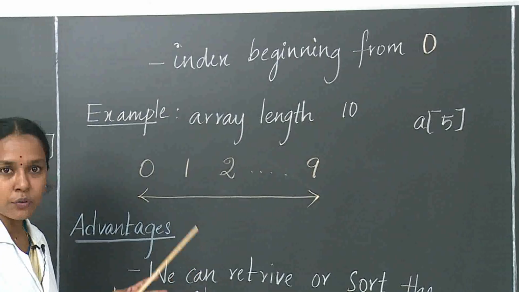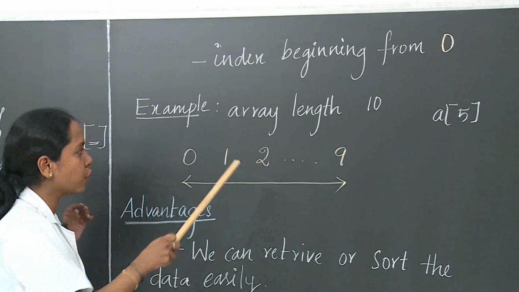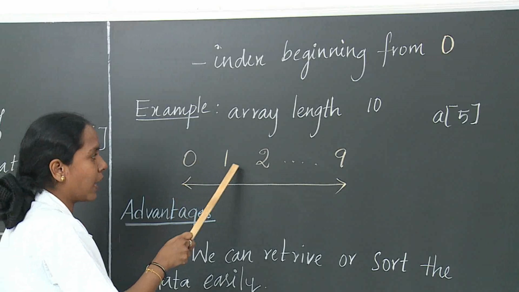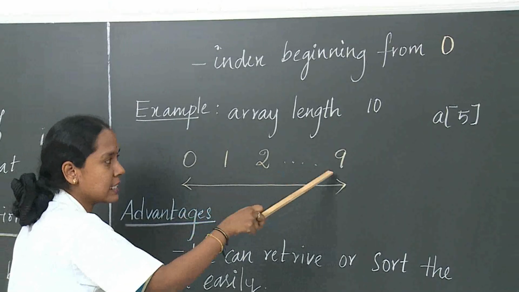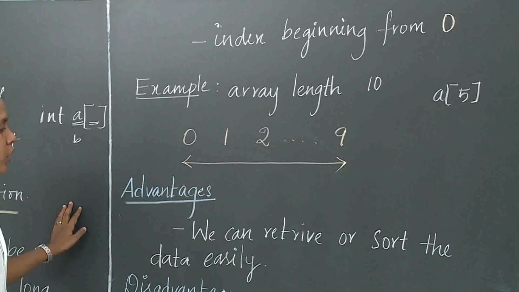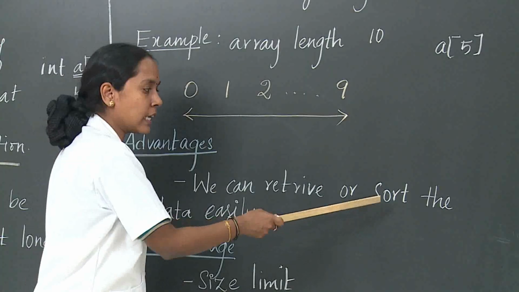That is, the size of array is 5, but it is allocated from 0 to 4. Here array length is 10 and 0, 1, 2 to 9 will be allocated. So the size of array is 10, but the positions are from 0 to 9. Okay, so what are all the advantages? We can retrieve and sort our data easily.